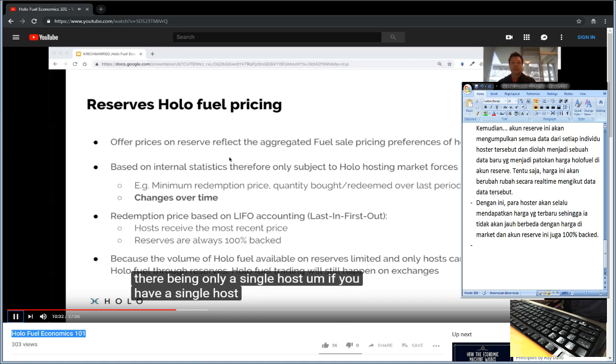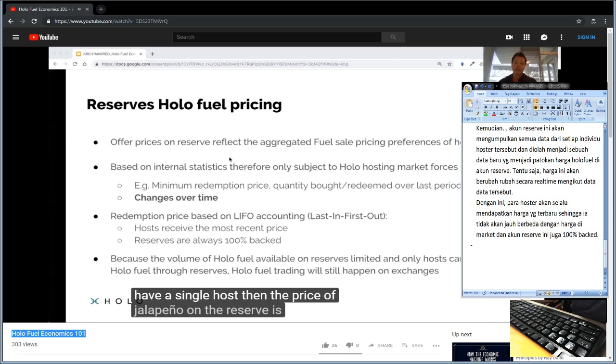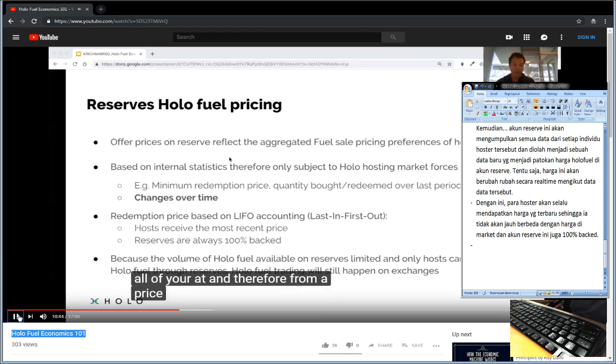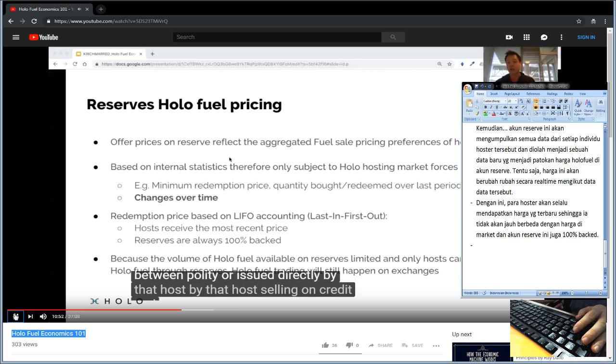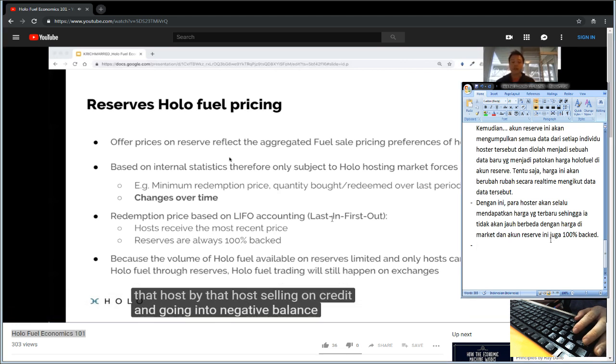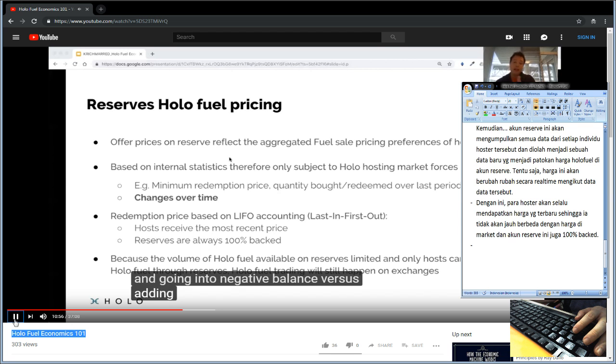If you have a single host, then the price of Holo Fuel on the reserve is literally the price that the host is willing to sell Holo Fuel at. Okay. And therefore, from a price perspective, there's no difference between Holo Fuel issued directly by that host selling on credit and going into a negative balance, versus at an exchange, versus buying it on the reserve.